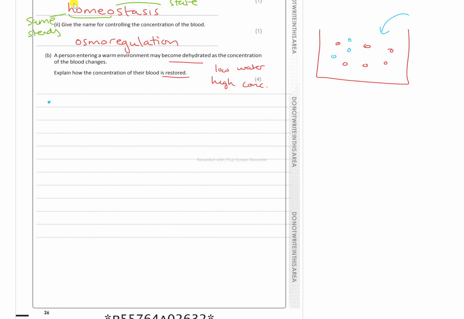So what happens? There are sensor cells in the hypothalamus.